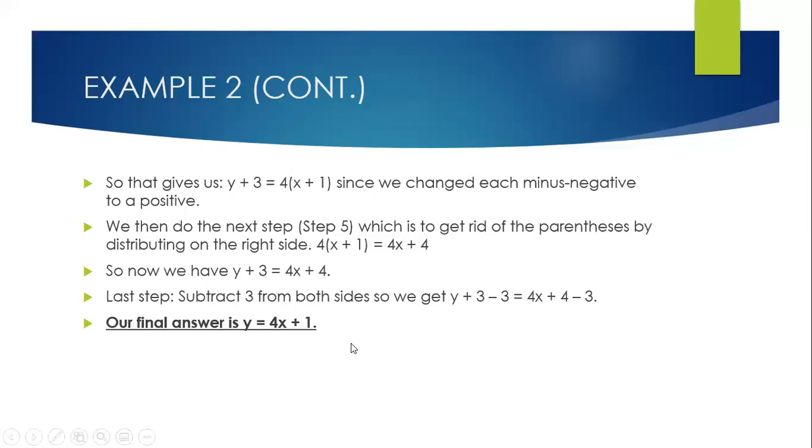I got y equals 4x plus 1. Y and x are on opposite sides, check. And y is completely by itself on the left side of the equation, check. We have achieved both of our goals. Our final answer is y is equal to 4x plus 1.